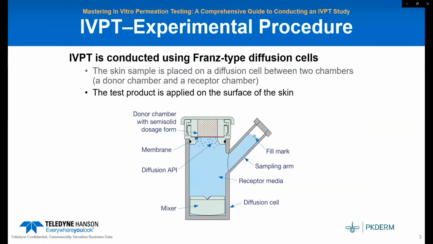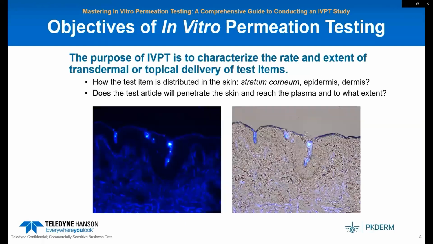So by measuring the drug's permeation rate and extent, researchers can determine how the drug is distributed in the skin, as well as its potential for systemic absorption.